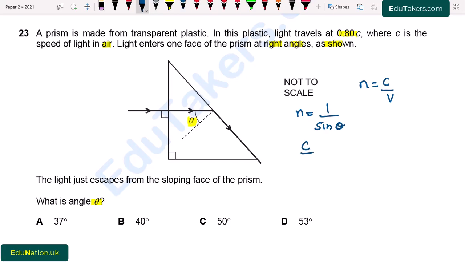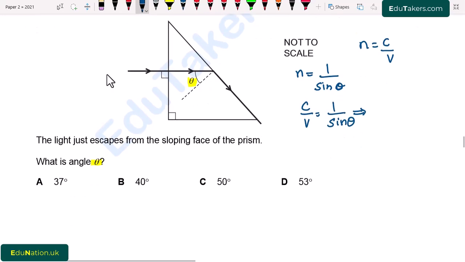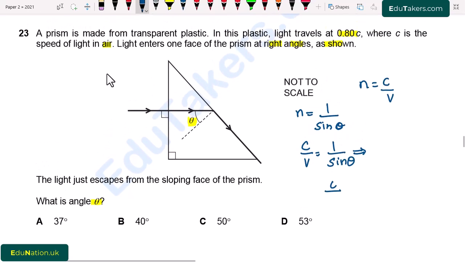So it will be c over v is equal to 1 over sine theta. I put values here. c over v is given 0.80 c. It is equal to 1 over sine theta.